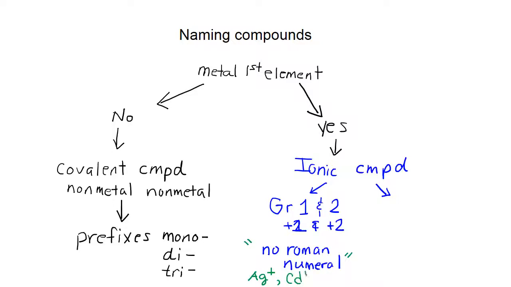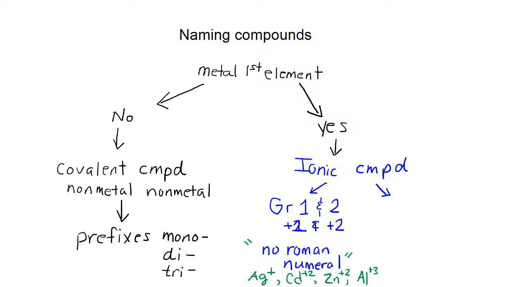Cadmium, always +2. Zinc, always +2. And aluminum, always +3. So even though some of these are in the transition metals, you do not need to use a Roman numeral to indicate their charges, because they're always going to stay the same.